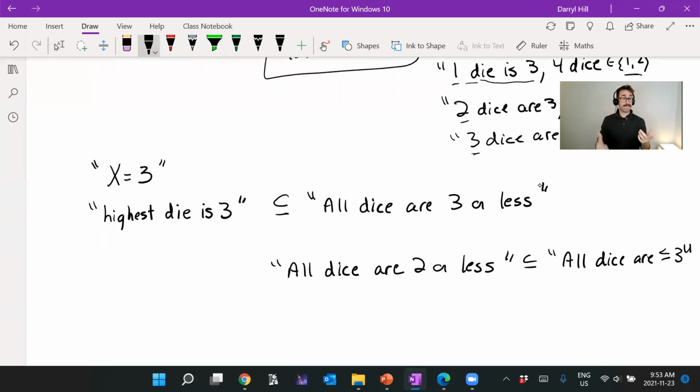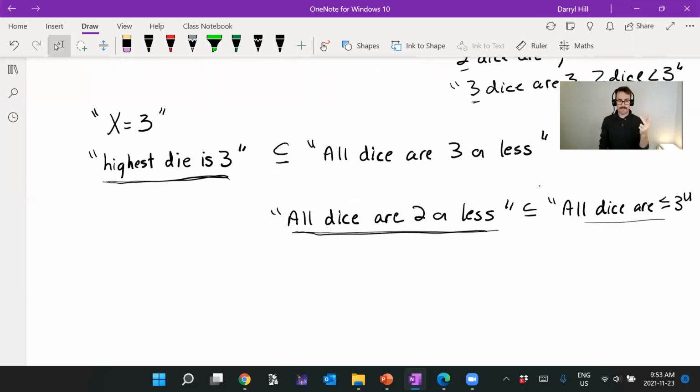However, if I subtract all of these events, all of the possible die rolls from all of these possible die rolls, then I'm left with only the events where all dice are 3 or less, and at least one of them is a 3, right? So for instance, all dice are 3 or less, I could have the 2, 2, 2, 1, 2.